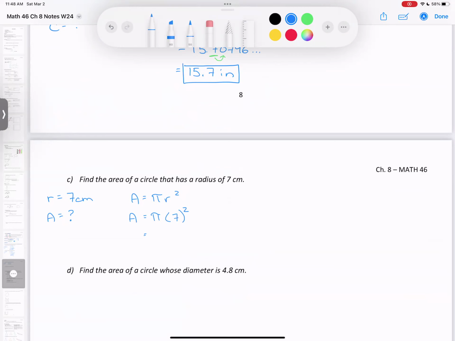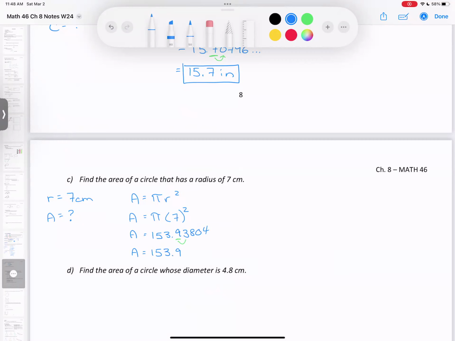If you do pi times 7 squared, I get 153.93804. Now we were told to round to the nearest 10th, so I'm going to let that 9 rest. The 9 stays as it is, and I get 153.9.